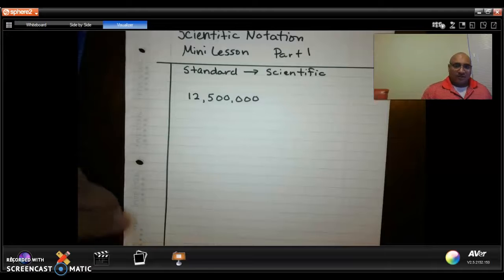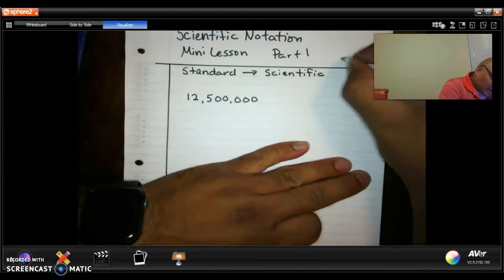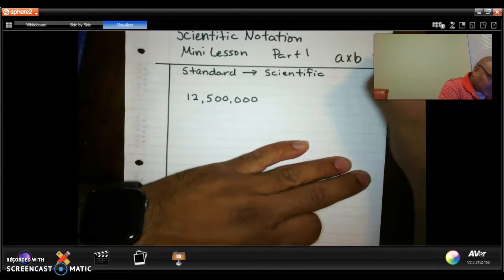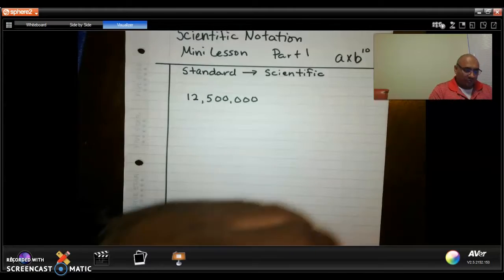And again, based off of the rule of scientific notation, we're going to try and make this meet A times 10 to the power of B, given those special rules that we had mentioned earlier. Okay?